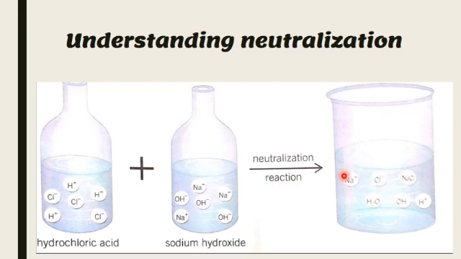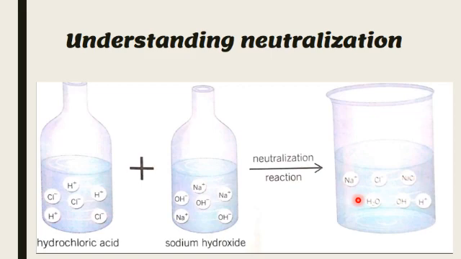The hydrogen ion that is present in hydrochloric acid reacts with hydroxide ion that is present in sodium hydroxide to make water, H2O. It means acid reacts with alkali to form salt and water. When hydrochloric acid reacts with sodium hydroxide, it forms sodium chloride, that is salt, and water.